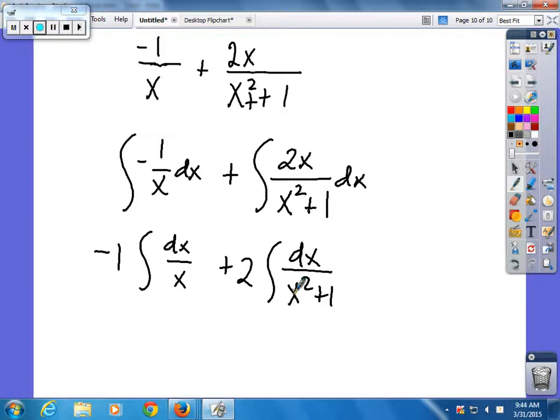This is natural log, so that's -1 times the natural log of x plus 2. What's the problem here? 2x dx, so we need a 2 here and a 1/2 there, so that takes care of the 2.